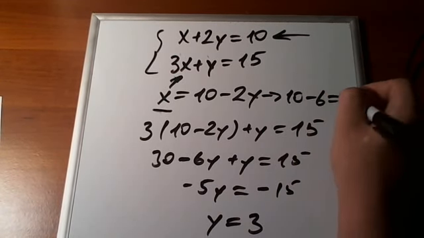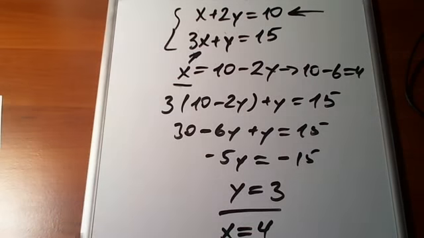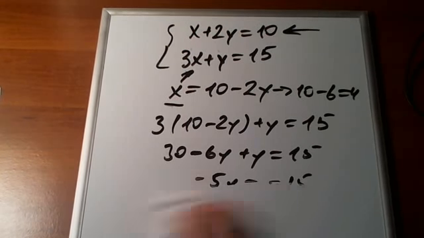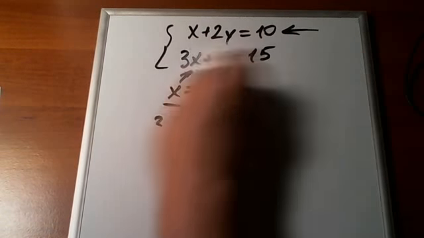And if you want to check ourselves, we can do that. 3 times 4 is 12, plus y, which is 3, is 15. Again, the same thing here. 4 plus 2 times 3, which is 6. 4 plus 6 is 10. So we're good. As you can see, we pretty much follow the same algorithm as we did in the first example.